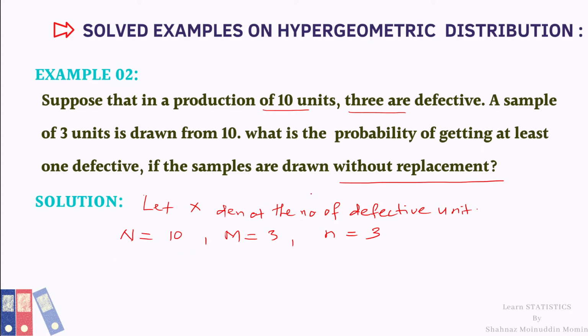Since this follows a hypergeometric distribution, we use the PMF of hypergeometric distribution, which is probability of X equal to x is equal to MCx into N minus M C n minus x upon NCn.